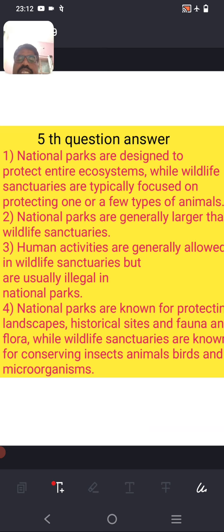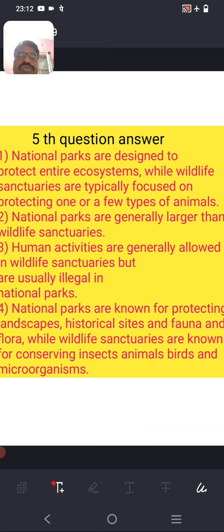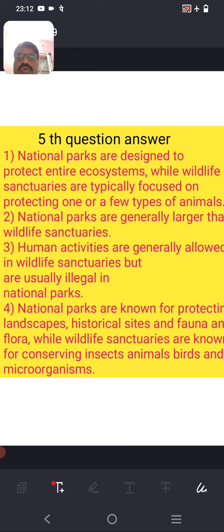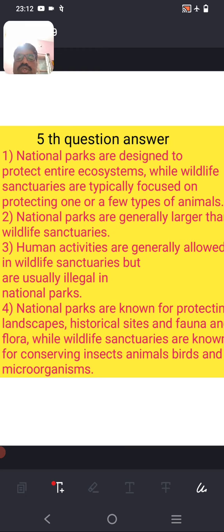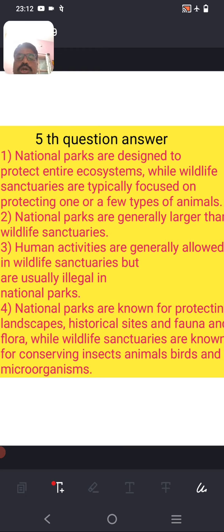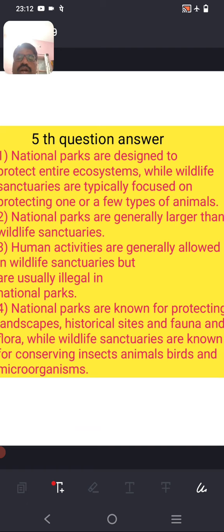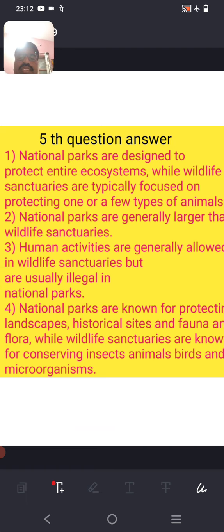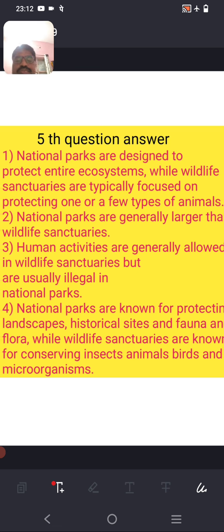The second difference is national parks are generally larger than wildlife sanctuaries. The third difference is human activities are generally allowed in wildlife sanctuaries but are usually illegal in national parks.